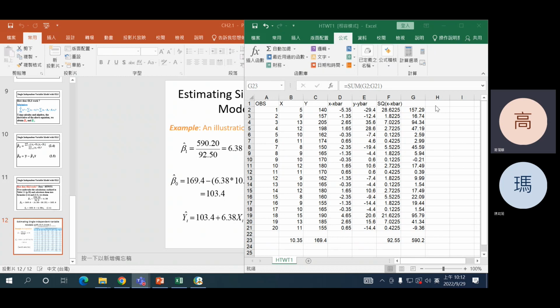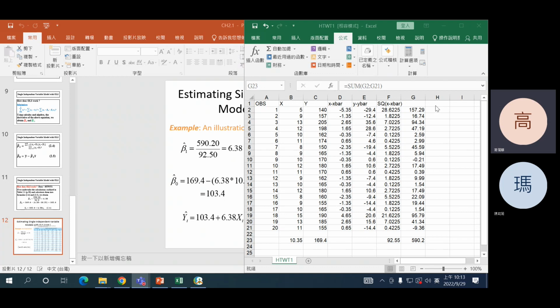You can do it. After you have the y hat, then you can have the residual. How do we get a y hat? I need to use those numbers, and you need to plug all these x numbers in order to have the y hat.